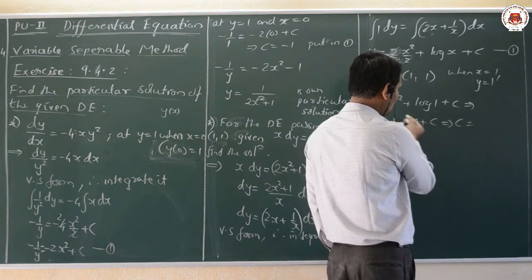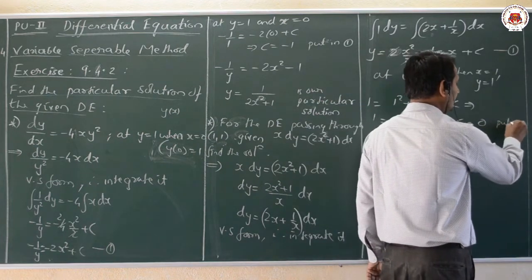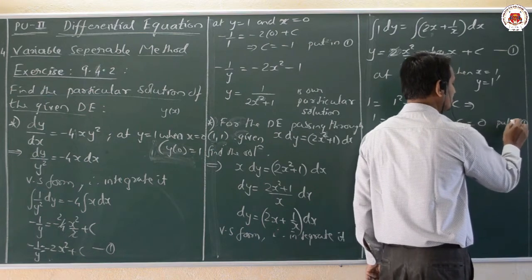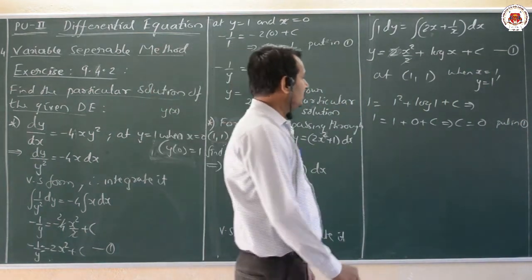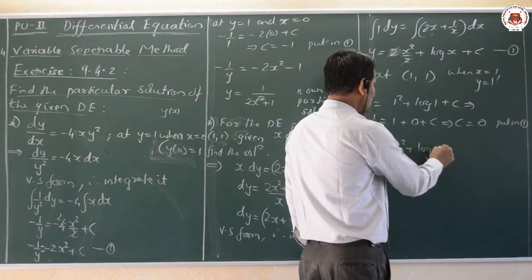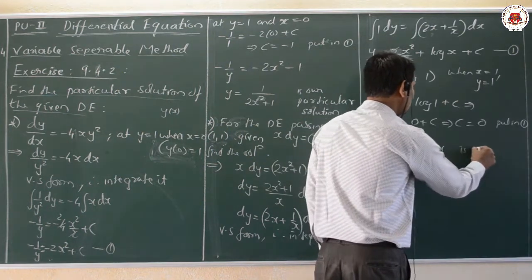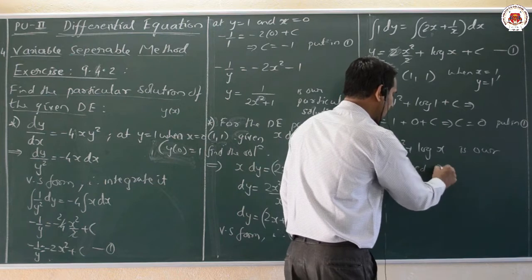That implies c equal to 1 minus 1, the value is 0. My dear students, you have to put that in the general solution. After putting it in the general solution, y is equal to x² plus log x is our required particular solution.